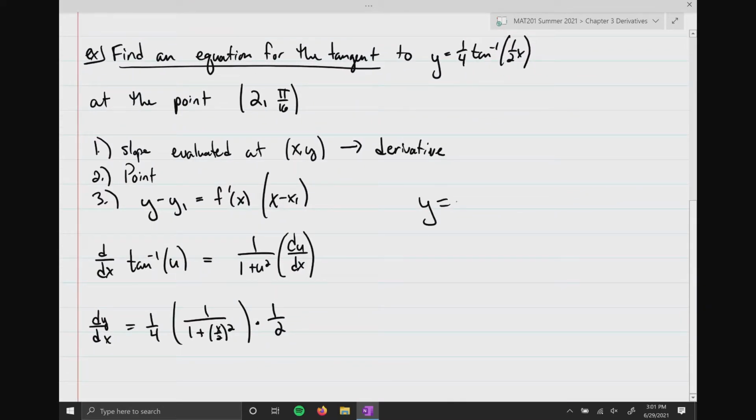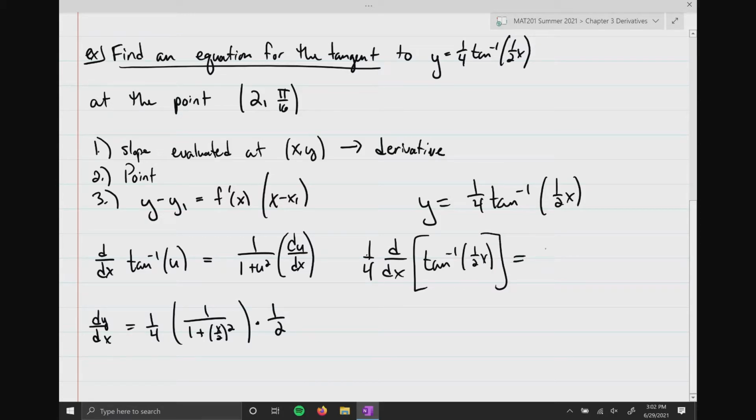We have the function y equals 1/4 tangent inverse of 1/2 x. Now, underneath the derivative, I'm going to pull the 1/4 out front. And then what I need to do is take the derivative of the inverse tangent of 1/2 x.